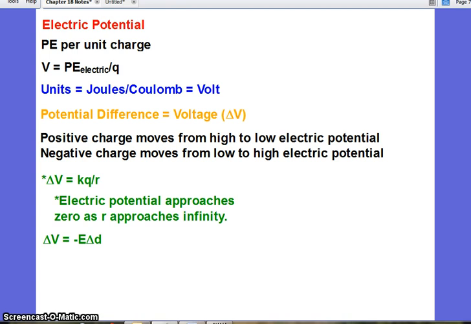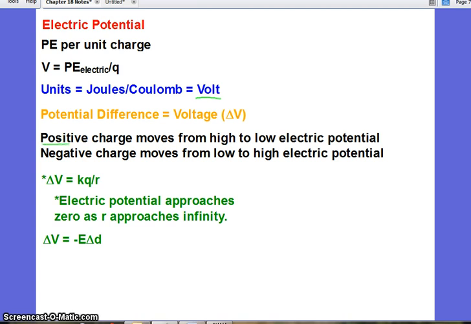And so our original equation is V for electric potential is equal to the electrical potential energy divided by the charge. The units then would be a joule, energy is joules, divided by a coulomb. And that comes out to be a volt. More so than the electric potential, it's the change in it, the potential difference, that's important. We also refer to this as the voltage.